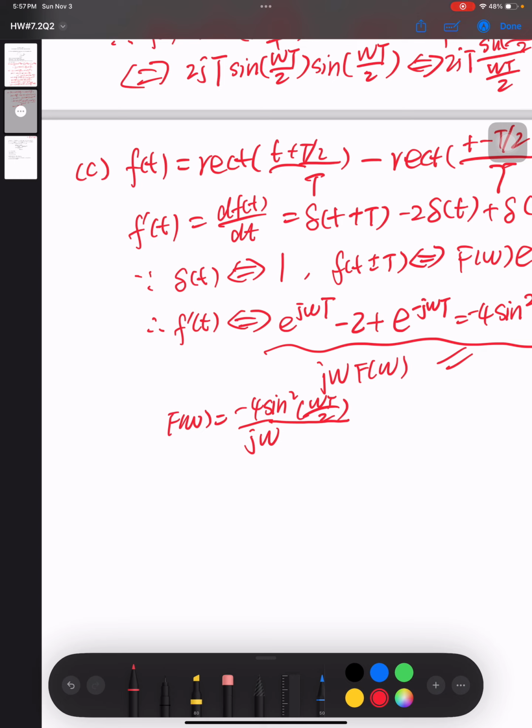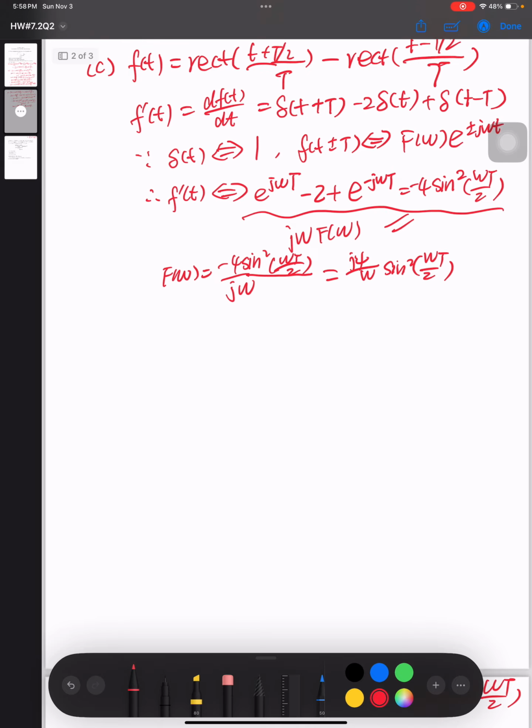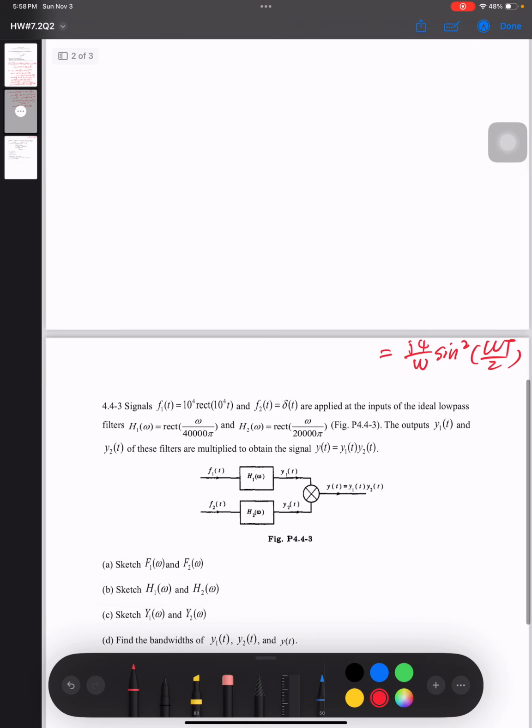And the transform of the derivative is j omega times F(omega). So we eventually get F(omega) equals minus 4 sine square of omega T over 2 divided by j omega, which equals j 4 over omega sine square omega T over 2. So this is the answer of this question.